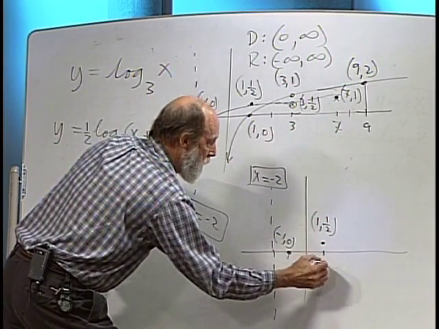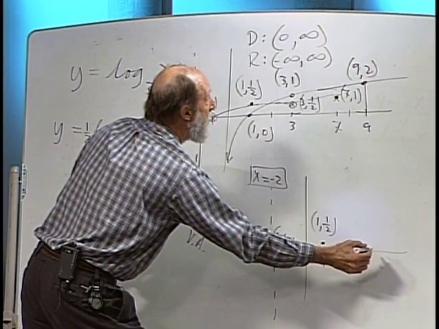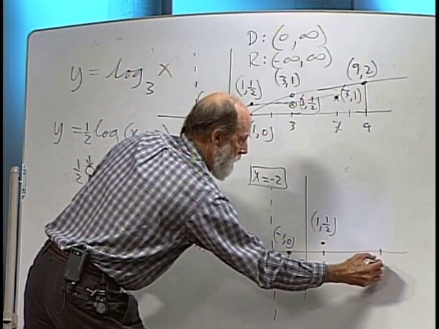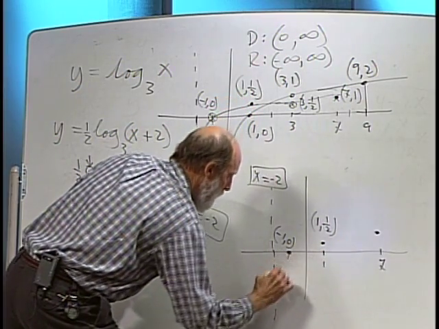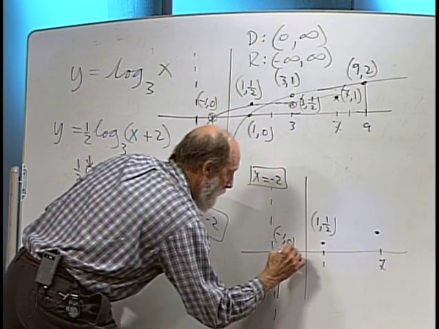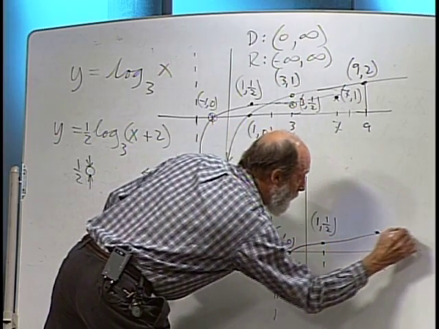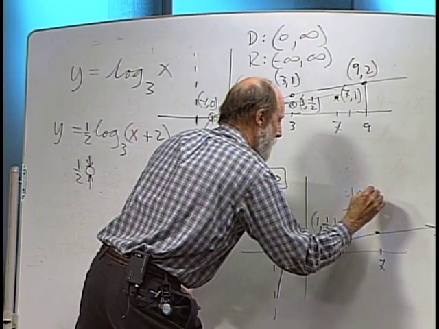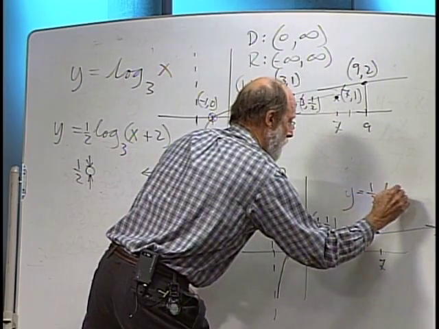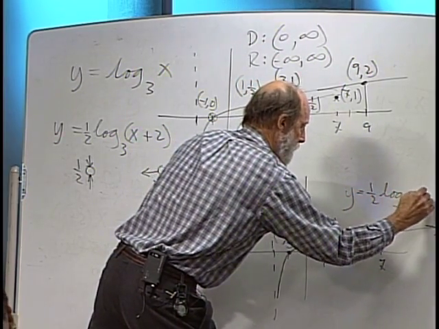And then out at 7, it would be up at 1. And we get a nice looking picture like that. And that's the graph of y equals 1/2 log base 3 of x plus 2.